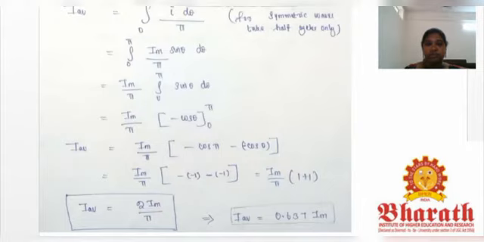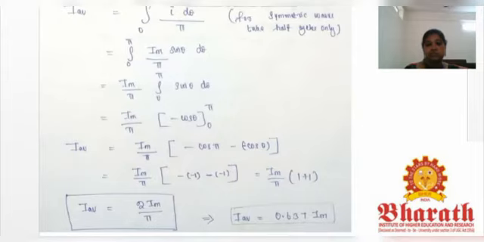Then sin theta, when you integrate, you will get minus cos theta integral of 0 to pi. So this 0 to pi is your limits. Now I have applied the limits, upper limit minus lower limit.